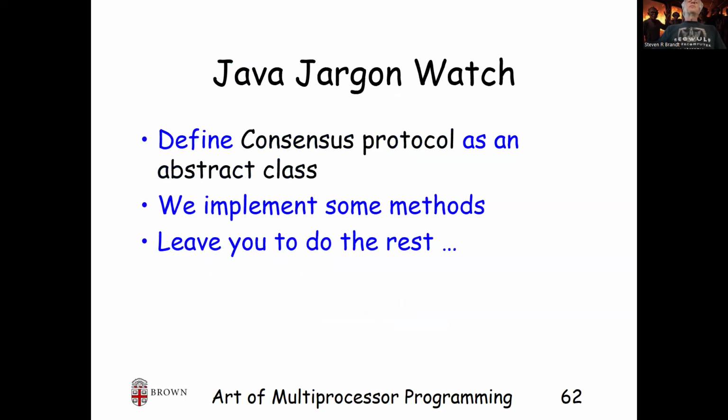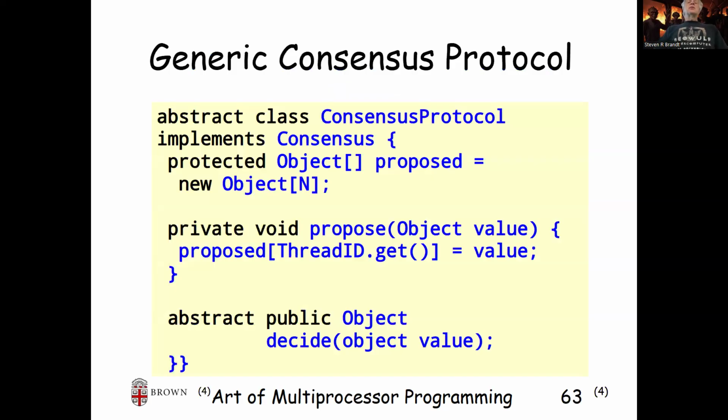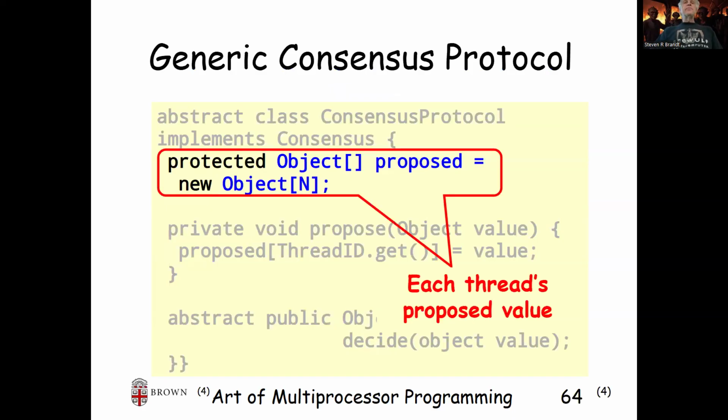We're going to define the consensus as an abstract class and implement some methods, and then you can do the rest. So the consensus protocol class looks something like this. We have an array that's n threads long of proposed objects.